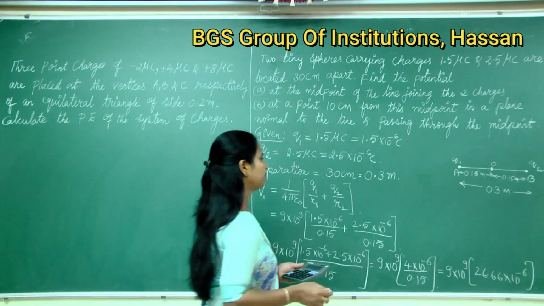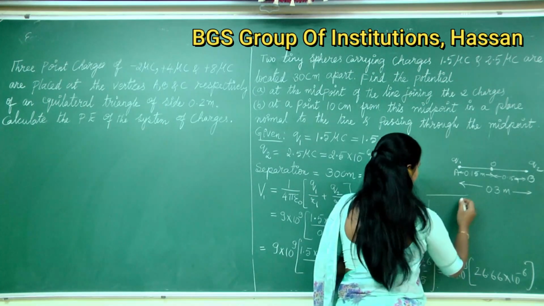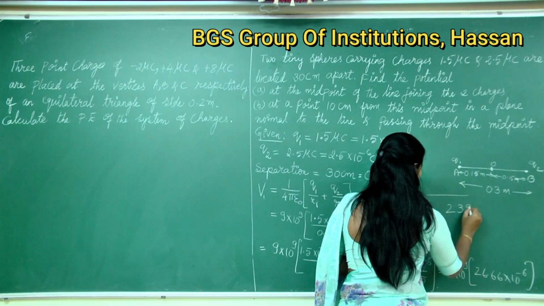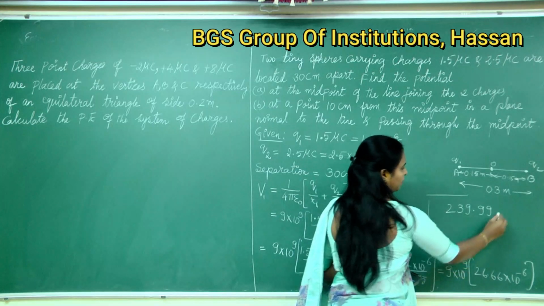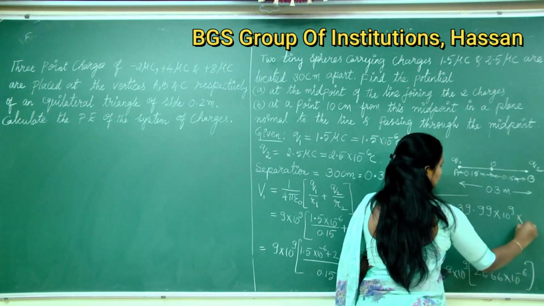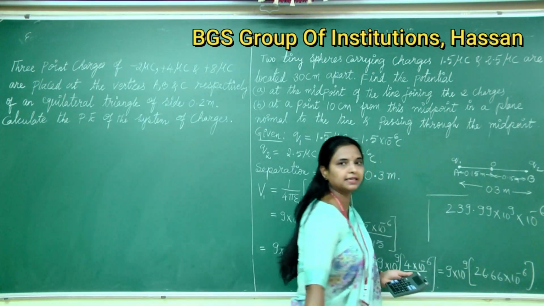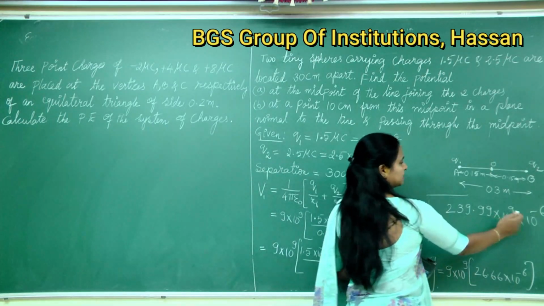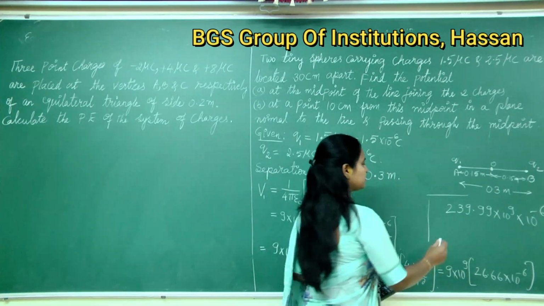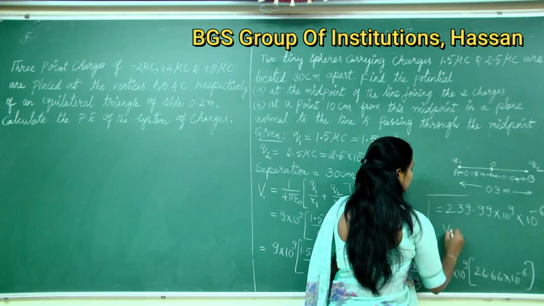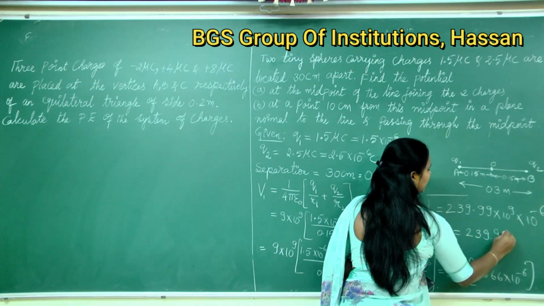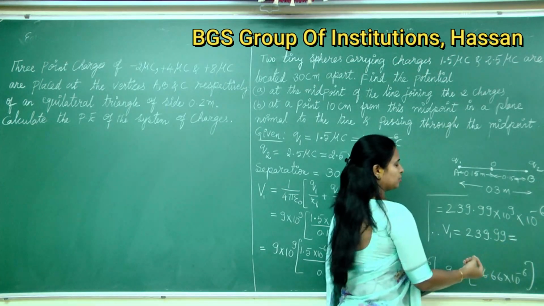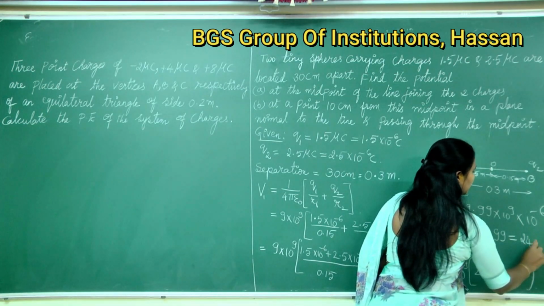We have, let me write here, 239.99, and here we have 10 power 9 into 10 power minus 6, that is plus 9 minus 6, it is plus 3. 239.99, we can almost write it as 240.